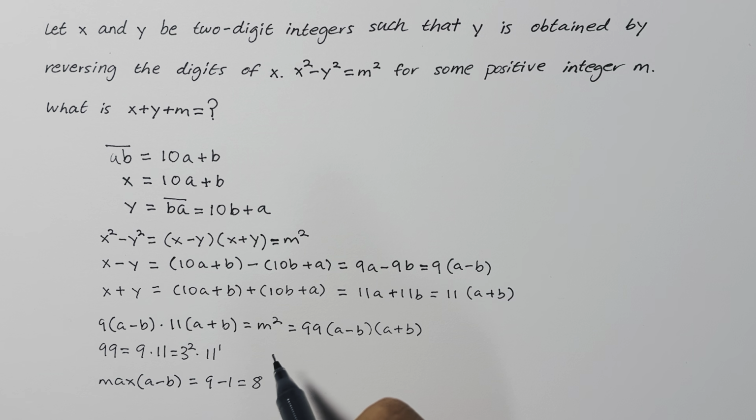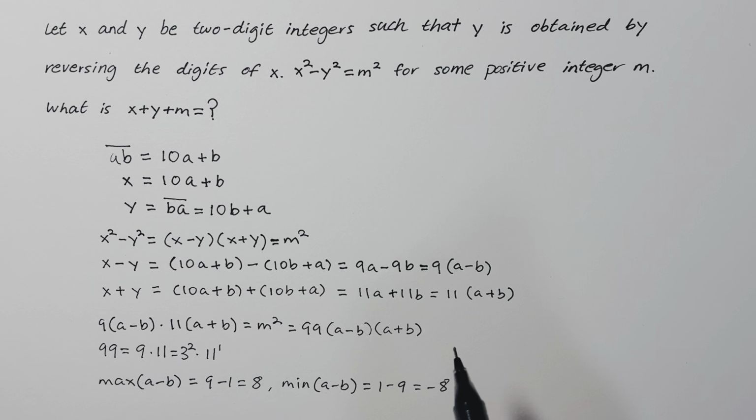And then the minimum of a minus b would be the opposite, 1 minus 9 equals to negative 8. However, we know that a minus b can never be 11 or negative 11 from these two facts. So this term cannot be the source of the 11.